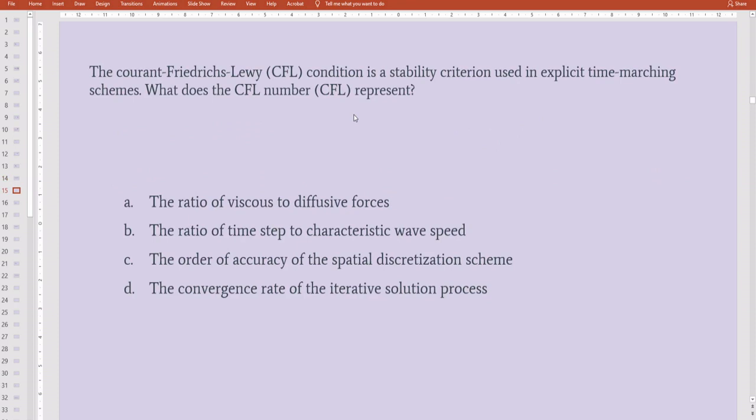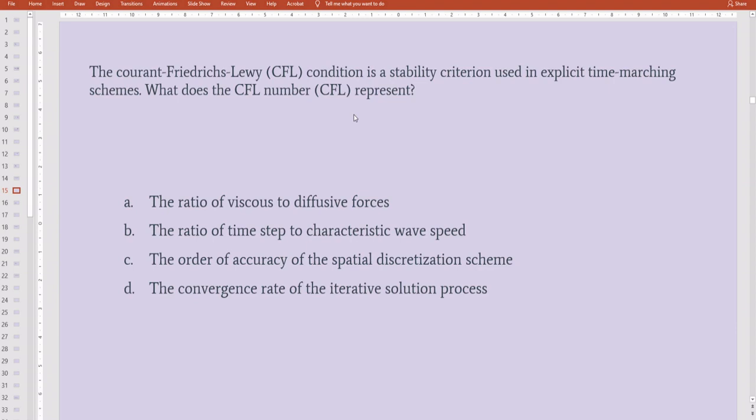Next thing, what is the CFL condition? The Courant-Friedrichs-Lewy condition is a stability criterion used in explicit time marching schemes. What does the CFL number represent? I think this is an easy question. You can inbox your answers. The options are: A, ratio of viscous to diffusive forces.